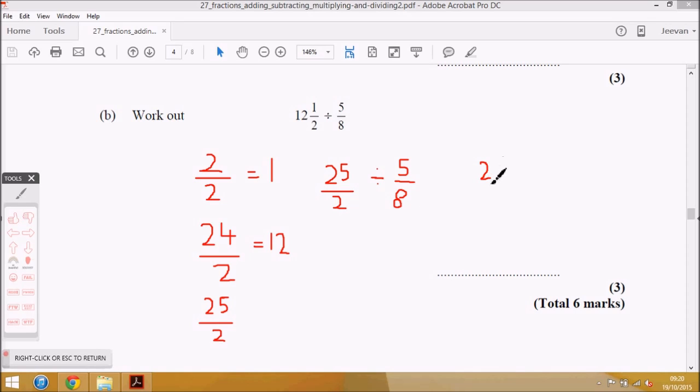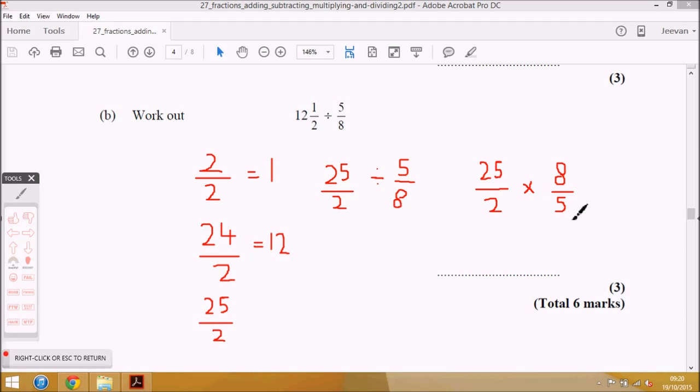So the first fraction stays as it is, we have 25/2. The second fraction is flipped over, so we have 8/5. You just simply reverse it, and now it becomes a multiplication. And then we multiply as normal.